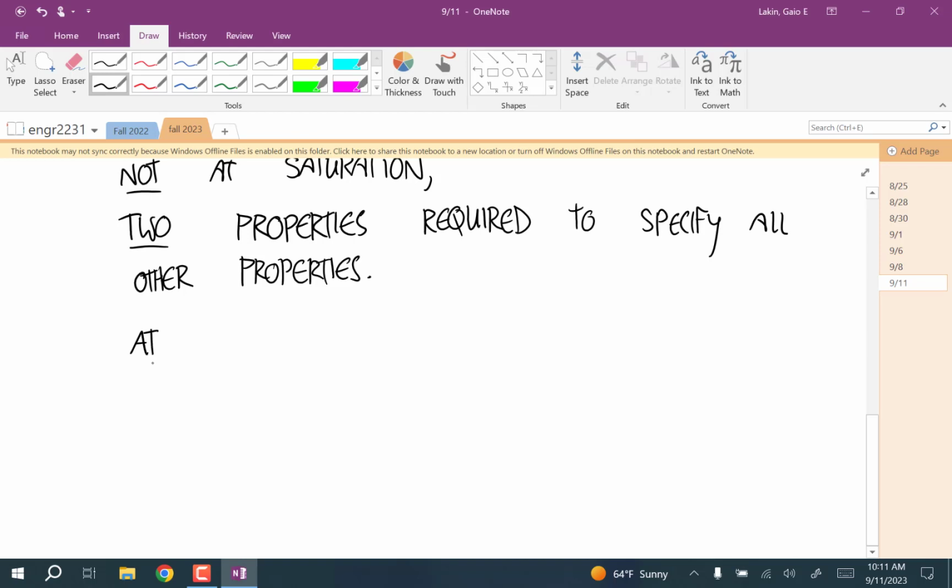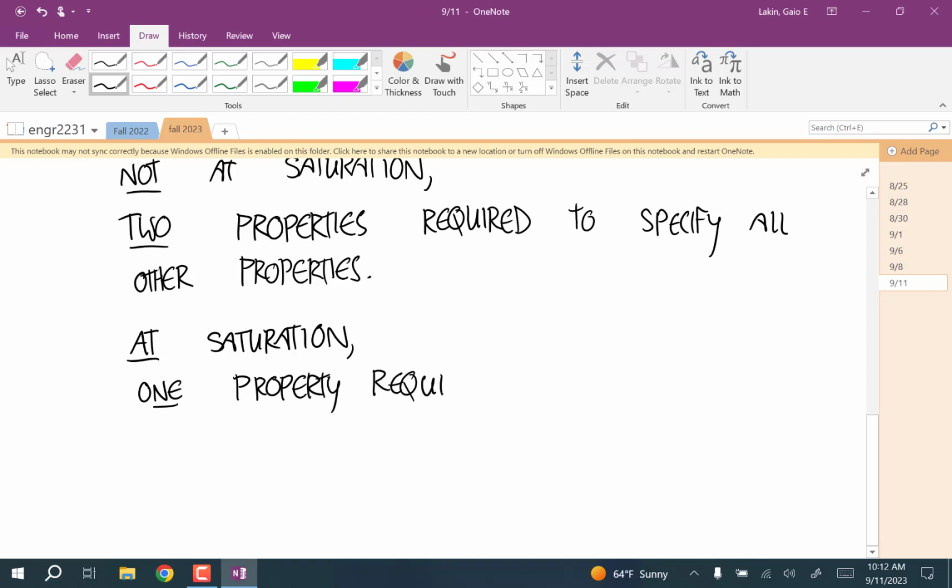For a simple compressible substance in a saturation region, how many properties do you need to specify all the rest of the properties? Just one, right? And that's going to be a really key thing. So only one property is required.